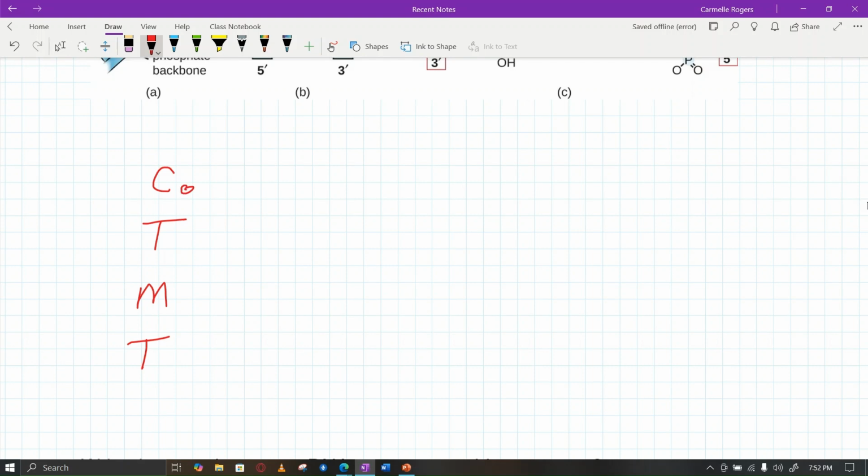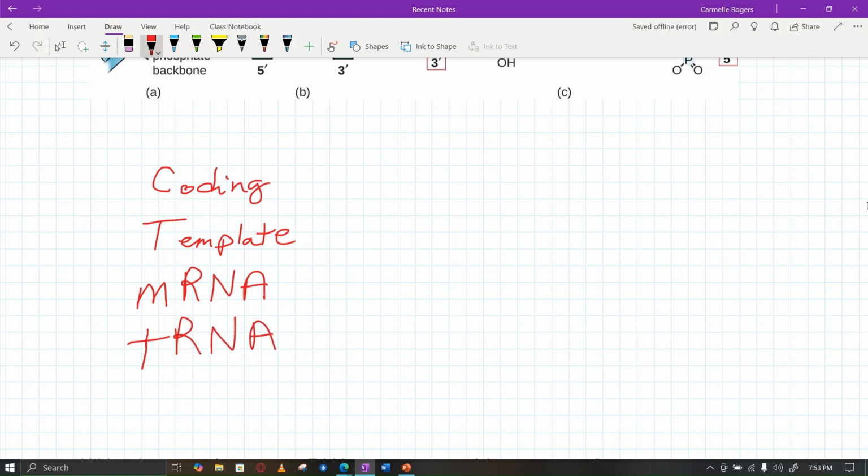The first one is coding. Next one is T for template. M for mRNA. And then that last T for tRNA. And with the acronym, you can just think of catchy, with the C, so that relates to coding.